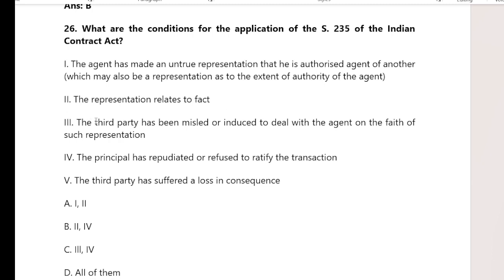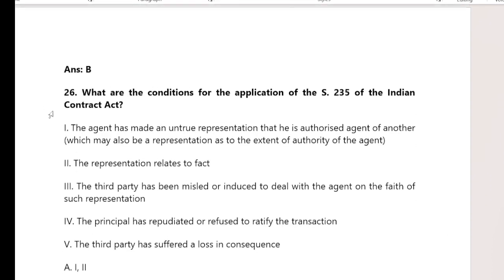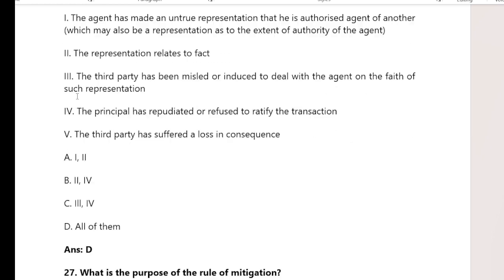And statement third है वो बोलता है the third party has been misled, induced to deal with the agent on the faith of such a representation. And fourth statement, the principal has repudiated or refused to ratify the transaction. And next statement है वो बोलता है the third party has suffered a loss in consequence. Then all जितनी statement दी गई हैं, all statements are correct.